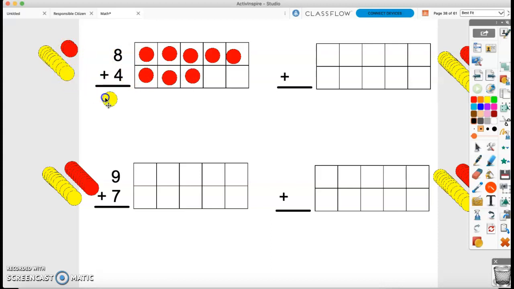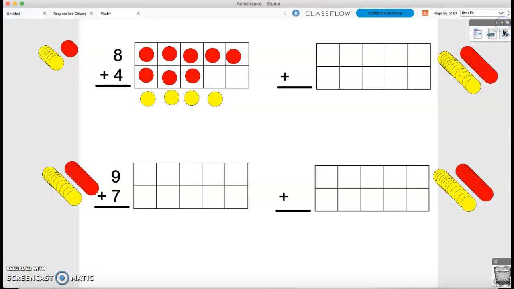And I need 4 more. 1, 2, 3, 4. So I'm going to use my Make a 10 strategy. I see that I have 2 that I can put up here. So I'm going to do my 8 over here.